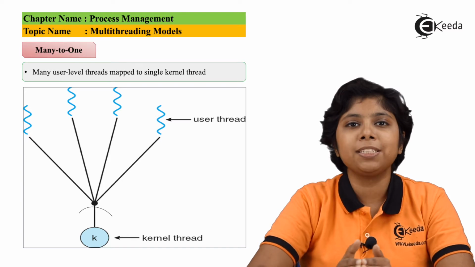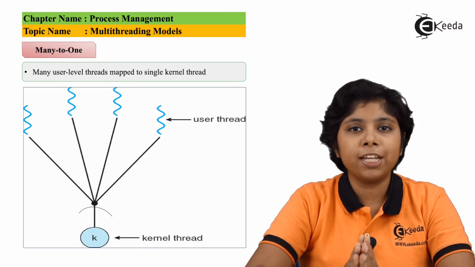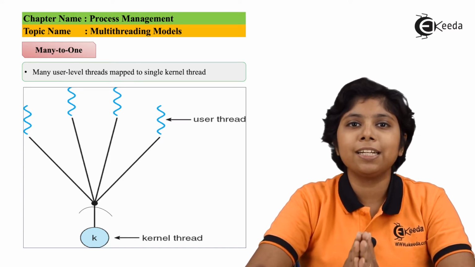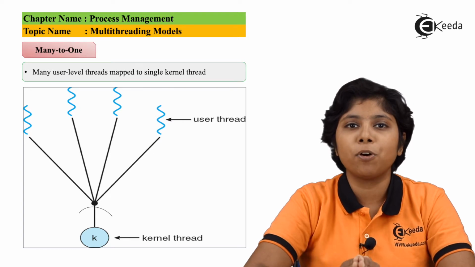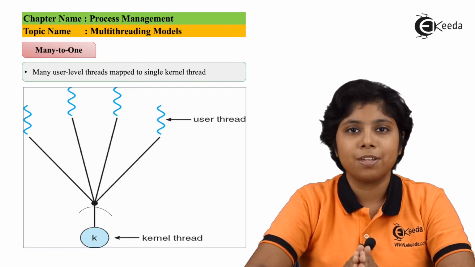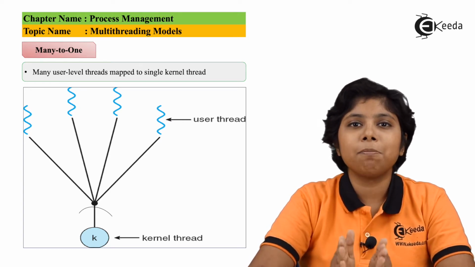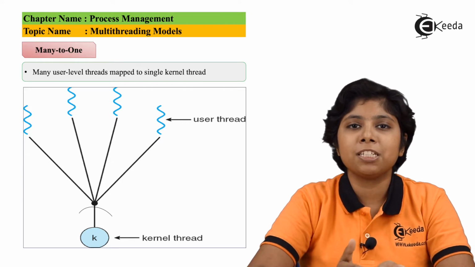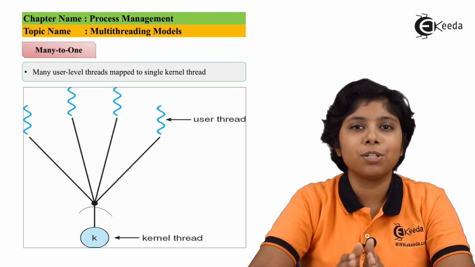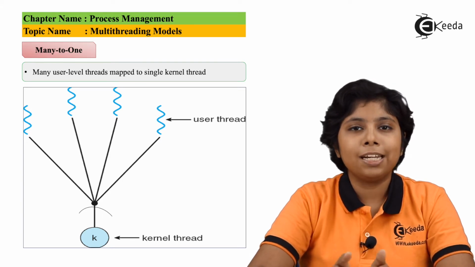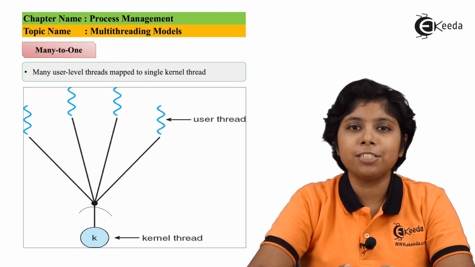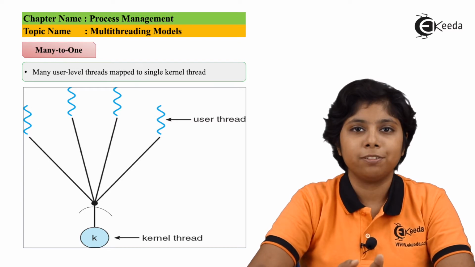Now, this can be handled by restricting the number of kernel threads supported by a system. Many operating systems implement this one-to-one model, but because of the drawbacks, many restrict it too. Linux along with the Windows families use this one-to-one model.